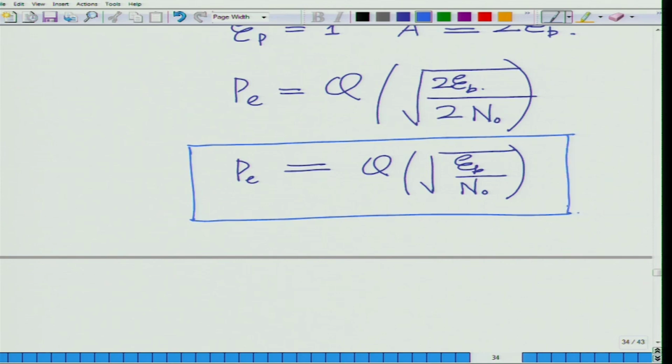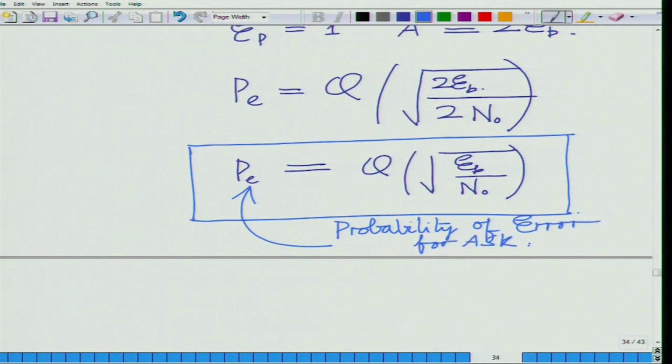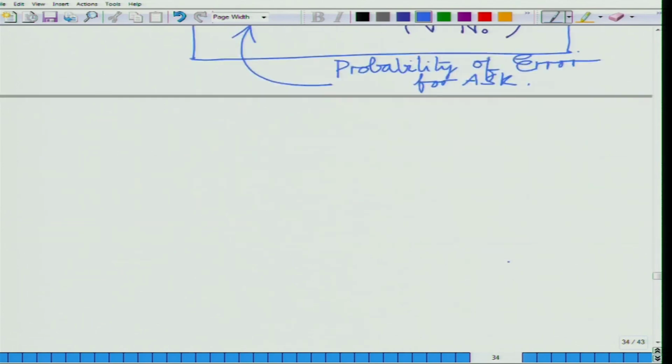So, this is the probability of error for amplitude shift keying.